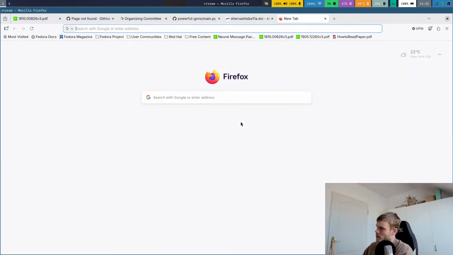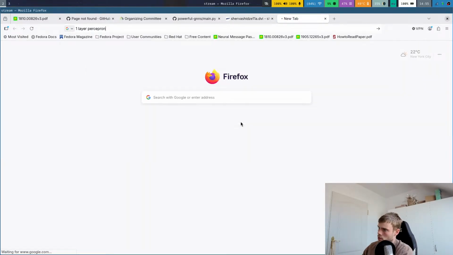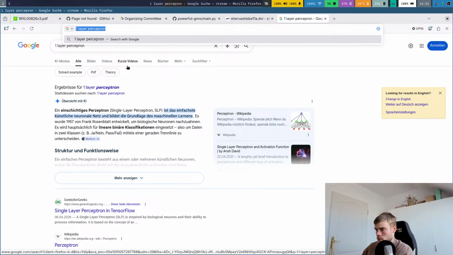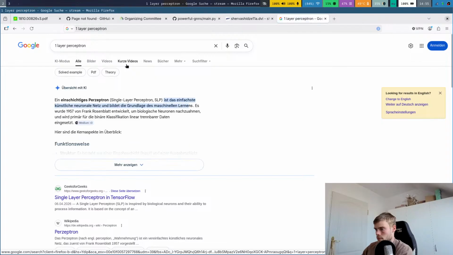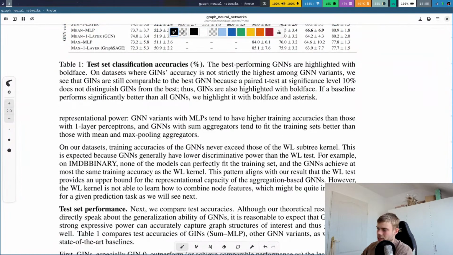So, okay, one-layer perceptron. Okay, they have a single layer and multiple layers, of course.